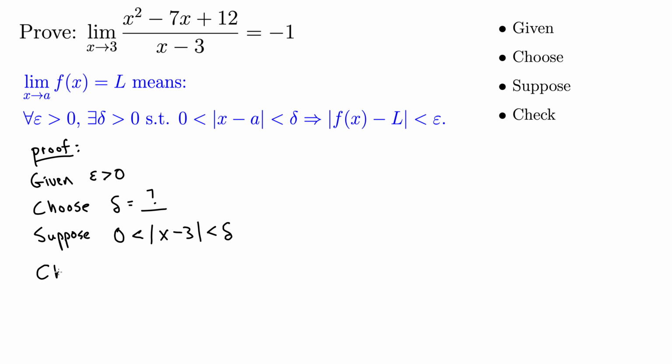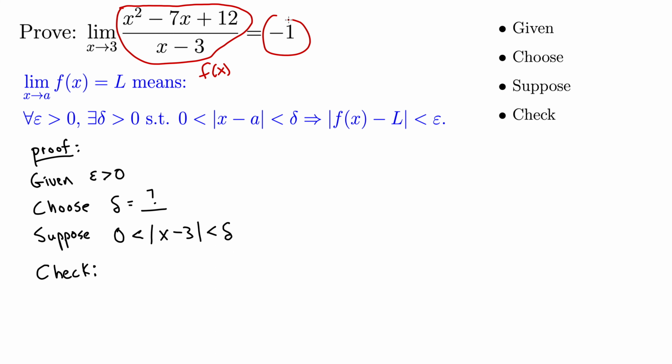Next we check. What are we checking? We're checking to ensure that then absolute value of f of x minus L is less than epsilon. Well, what's my f of x? This whole thing inside the limit is always your f of x. What's my L?